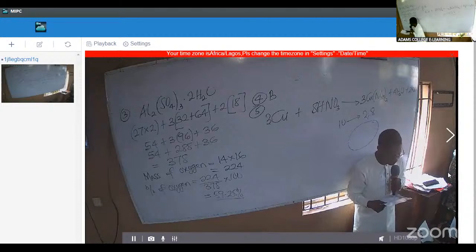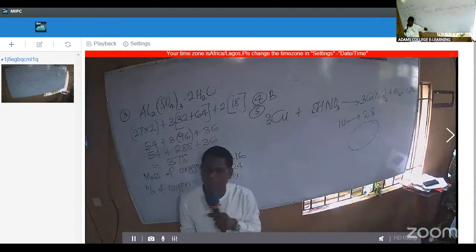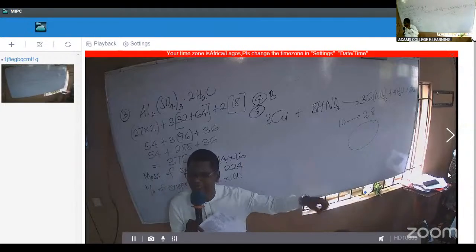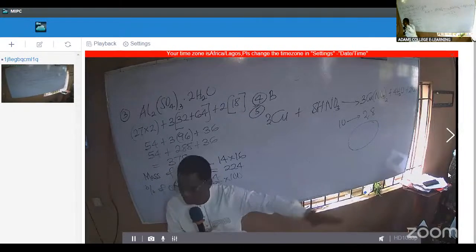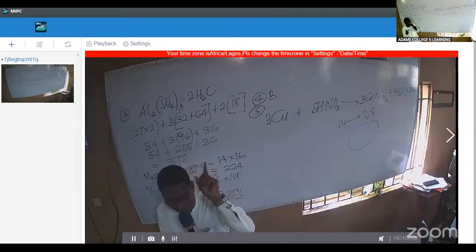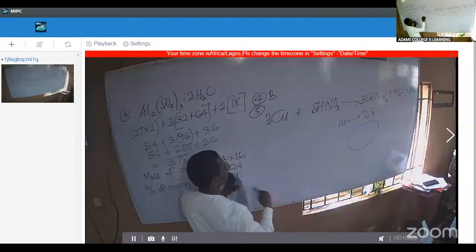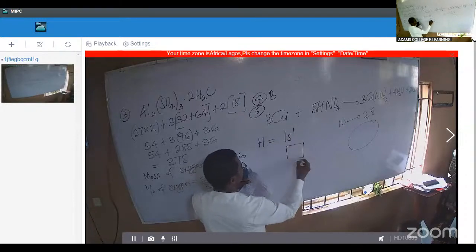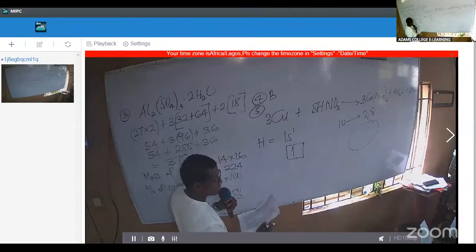The solution: the following is the words. I told you before. You are paramagnetic if you have one or many unpaired electrons. You are diamagnetic if you have no unpaired electron. You are para if you have at least one unpaired electron. Let's look at Mr. Hydrogen. Hydrogen is 1s1. This is one unpaired electron. Do we agree? Is one, is single. So Mr. Hydrogen is correct. 1 is one of the answers.